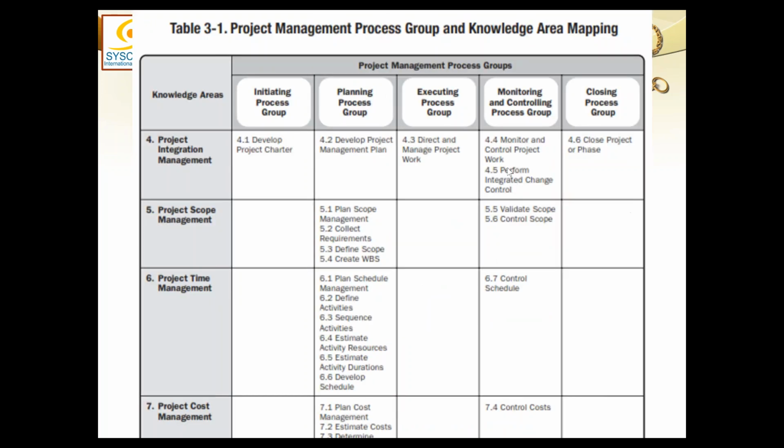My question is, yes, integration is the parent process and it has to be there in every process group, to control the things. You can see there is only one process in initiation from the integration side, one in planning, one in execution, two in monitoring and control, and one in closing. Why are there two processes in monitoring and control?